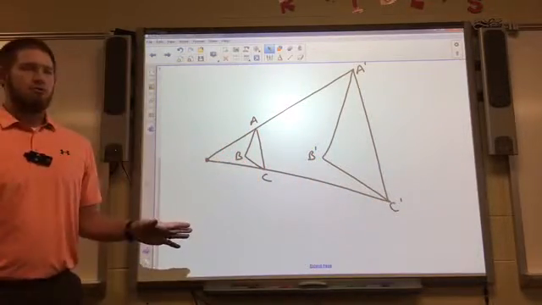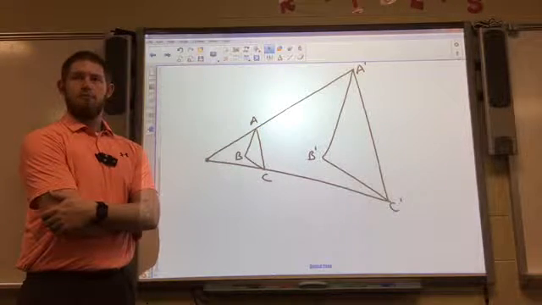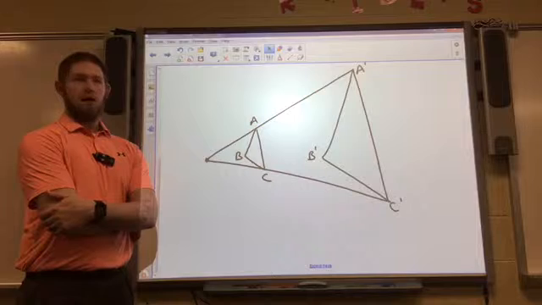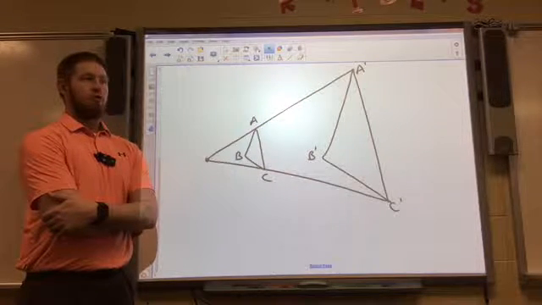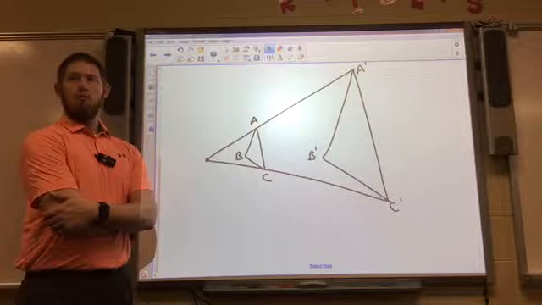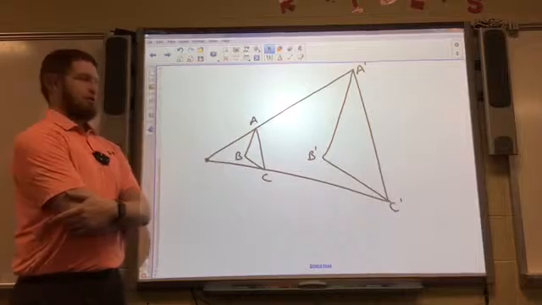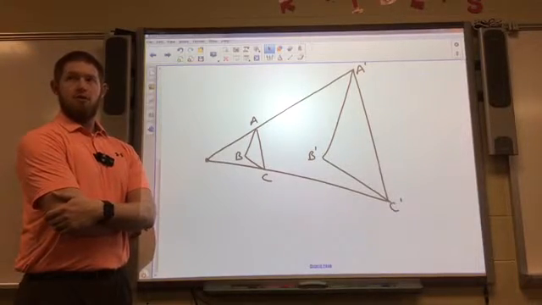Without any numbers, can I tell whether this is a reduction or an enlargement? Yes, I should be able to from previous information that we've learned. McKenna, how do I know? The prime comes first or second? Second. So is this a reduction or an enlargement? This is an enlargement.